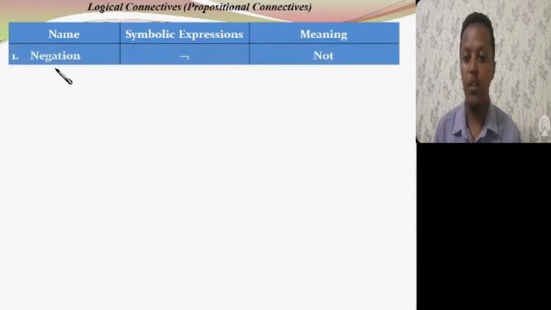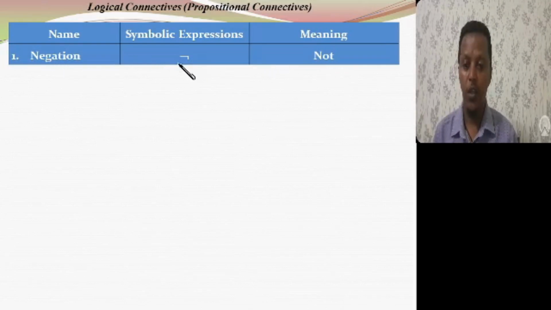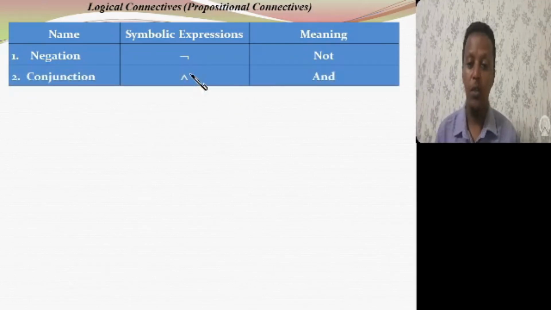Now the first one is negation, which means not, and this is the symbol to represent negation. Remember, negation means what? Not. The second one, conjunction, the symbol is an inverted V, and the meaning is and.